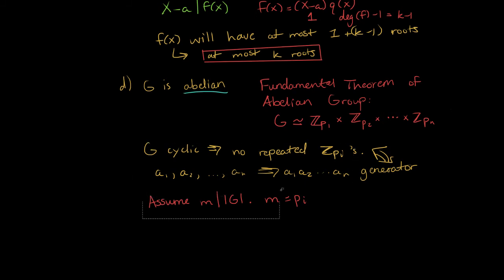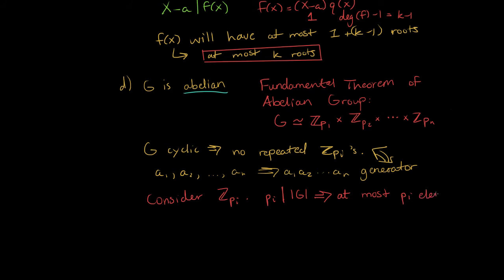Actually, probably a better way to phrase this would be: consider some Z_{p_i}. Then p_i is going to divide the order of G for sure, because the order of G is going to be the product of all these p_i. So p_i divides the order of G, which I write with this vertical line. And now we can apply the property. The property implies that there are at most p_i elements with order dividing p_i.